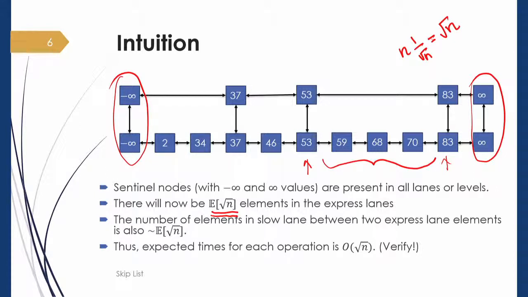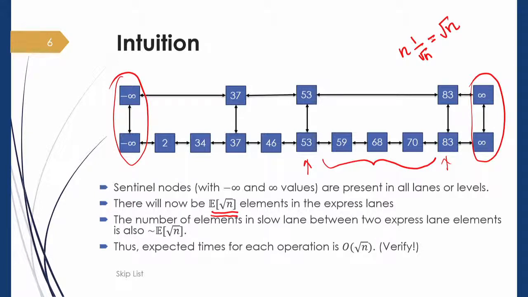Therefore, the expected number of such coin tosses will be square root of n. After you see an expected square root of n items in the slow lane, you expect to see one that has been promoted into the express lane.